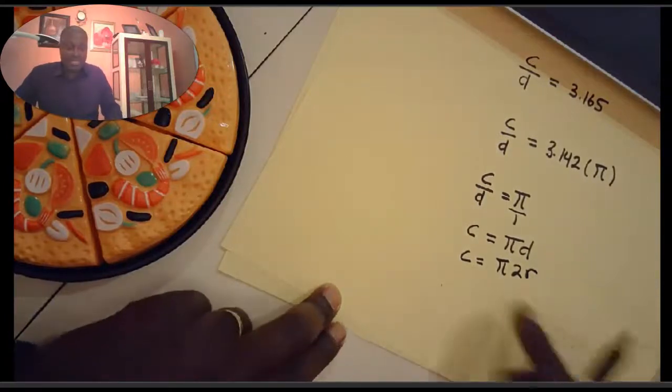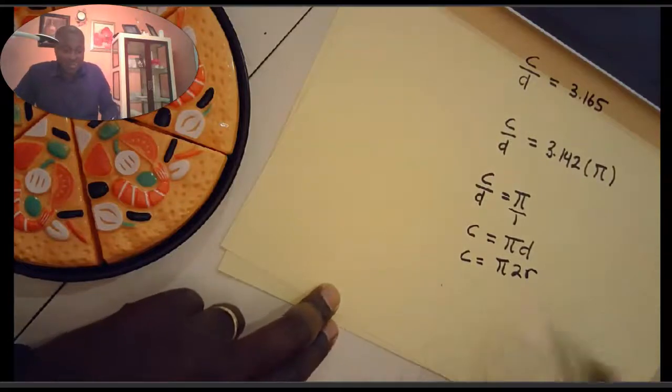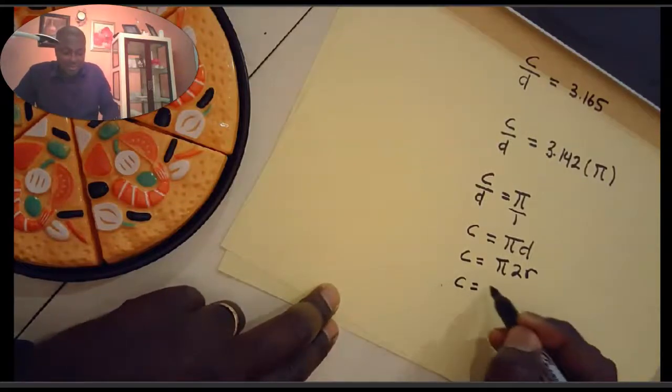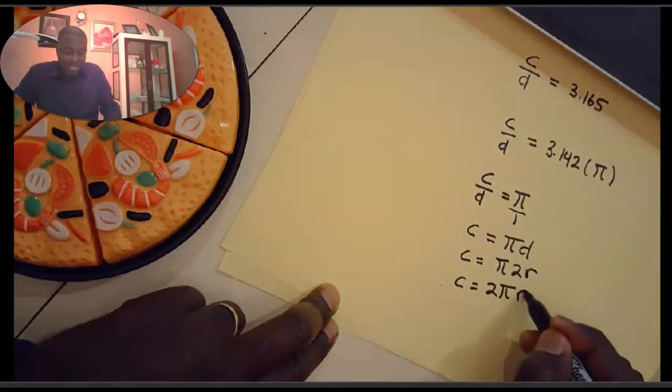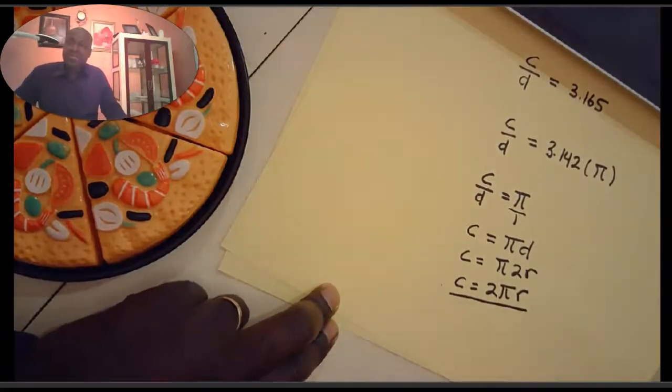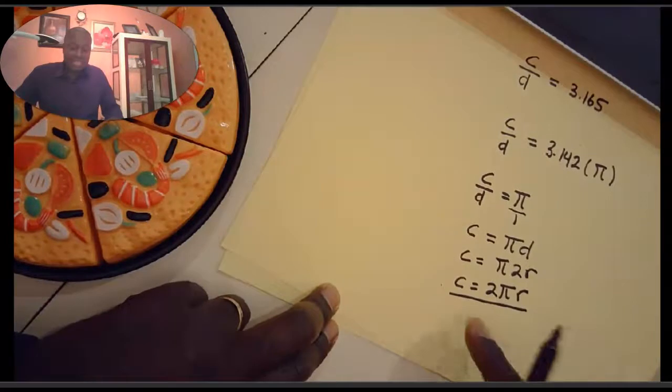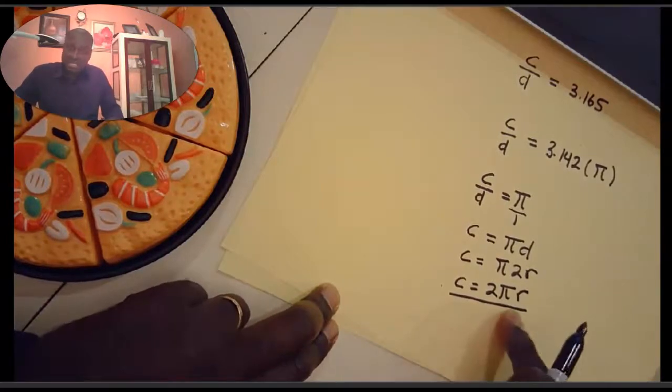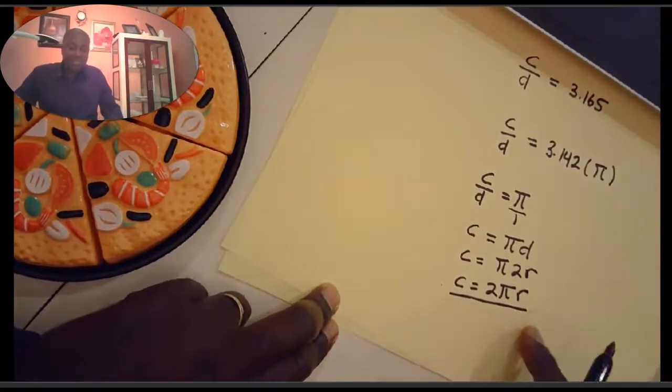But in mathematics, since we have a number here, we have to write the number first. So here, call it 2 pi r. That becomes the circumference. So anytime you're calculating a circumference, this is the formula, and this is how it came about.